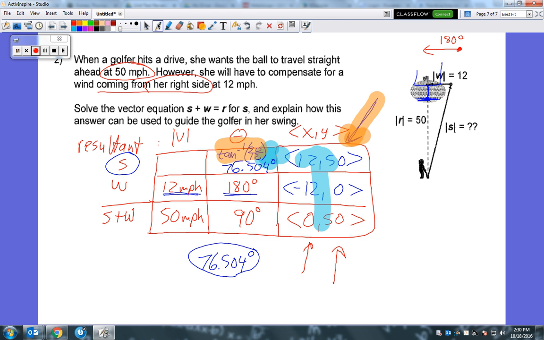Okay, so the last part is x squared plus y squared, take the square root. What did y'all get? 51.420 miles per hour. Now, the swing is representing this, which is showing what I needed to do in order to make the resultant happen.